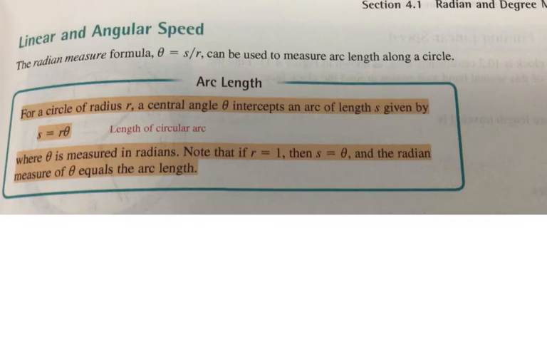Angular speed would be, think about you're on one of those merry-go-rounds. You know, like they used to have at the parks, but they don't have anymore because they're dangerous, so nobody can get on them. But if you've ever been on one and somebody's spinning you around, where is it that you want to be? Like, where is the place that you're moving the slowest? That would be in the center.